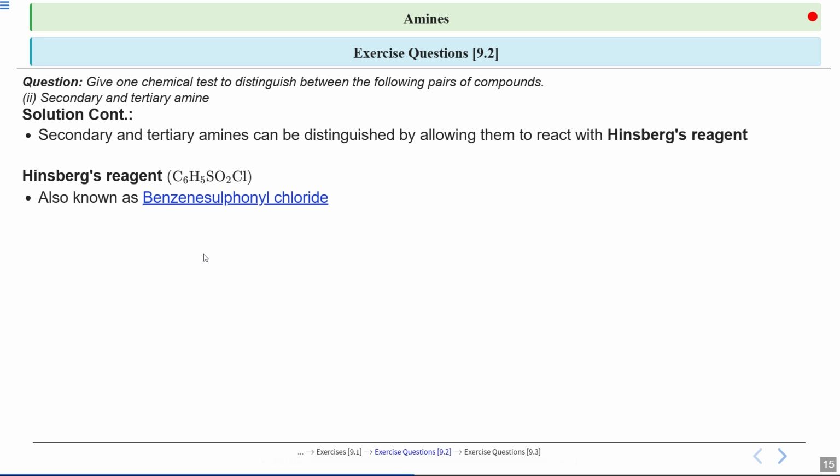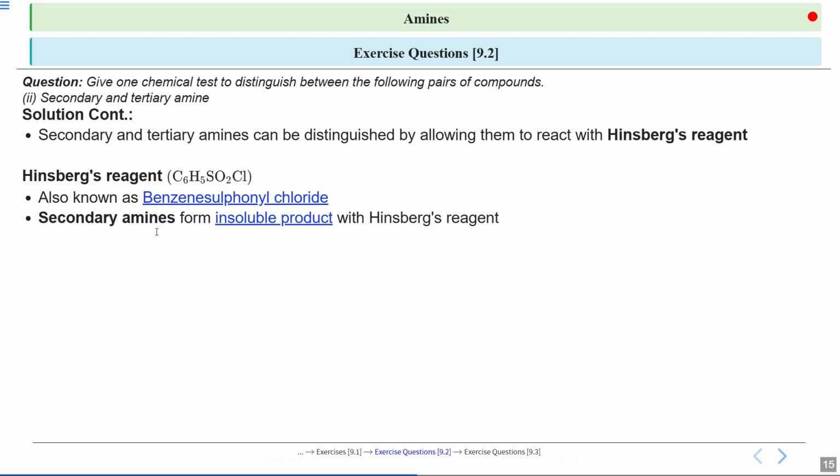It is also known as benzene sulfonyl chloride. Benzene sulfonyl chloride is a chemical compound which is used in organic synthesis for introducing sulfonyl groups into molecules.